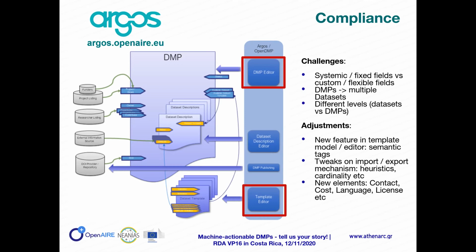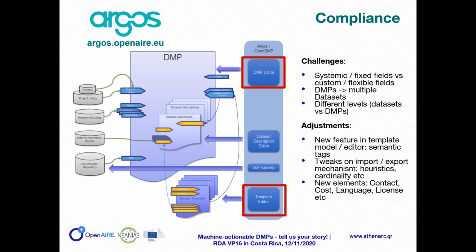To confront those challenges and others that I did not mention explicitly, we followed three approaches. We added a new feature to the system, which is the semantic tagging of template-defined fields. The second was to apply heuristics during import and export, which allow picking and fitting the best candidate attribute for a MADMP element.